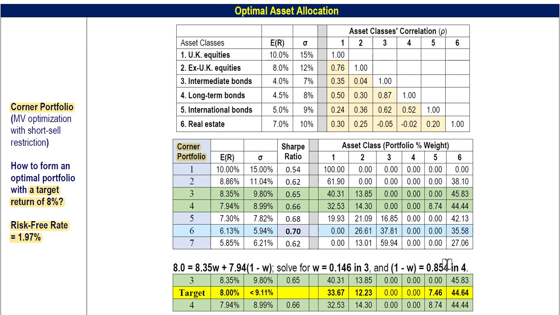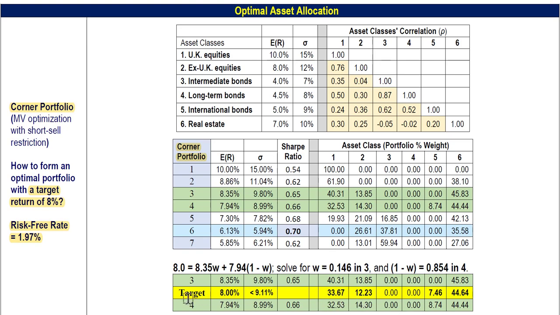So that's the allocation. Now, how do we allocate that to the different assets? You see here is the allocation to the different assets. If you recall, for corner portfolio 3, we need to put our wealth into classes 1, 2, and 6. For corner portfolio number 4, we need to put it into 1, 2, 5, and 6.